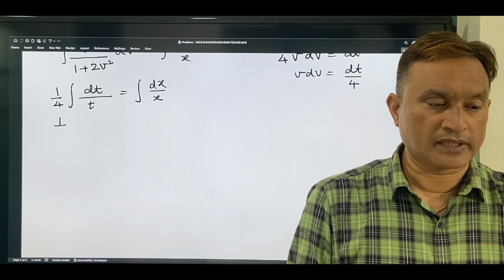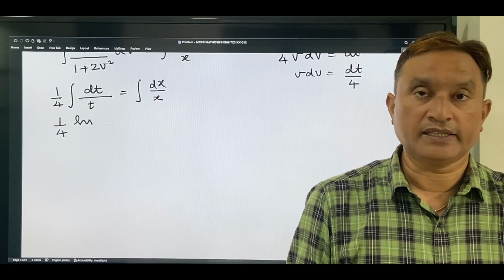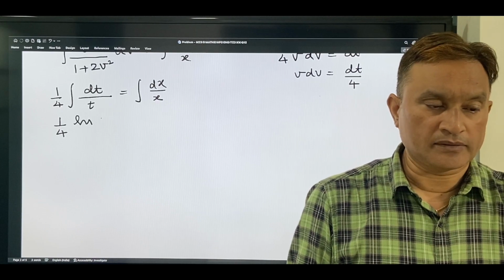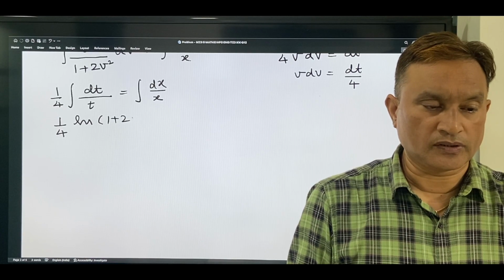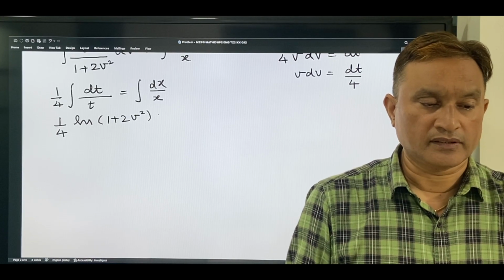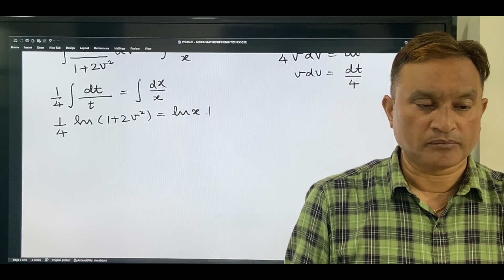So we will get here 1 by 4 ln, and in place of t we will write 1 plus 2v square, equals ln x plus c.